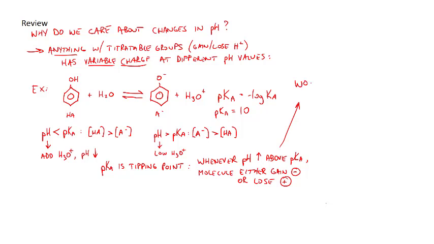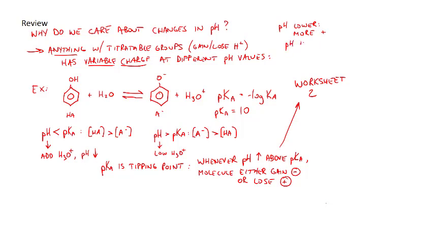For example problems here, I'm going to recommend that you take a look at worksheet 2, which should be up on Canvas, and it has a couple of good practice problems on it. This is a concept that I think is absolutely critical for you to understand, the relationship between pH and electrical charge. Whenever pH is lower, biomolecules are going to be more positive.